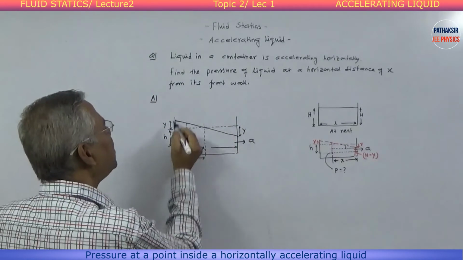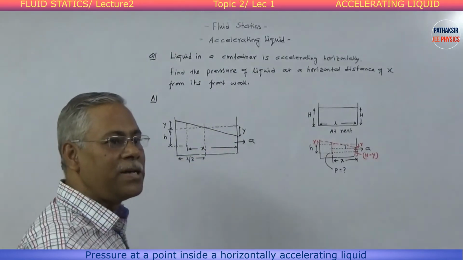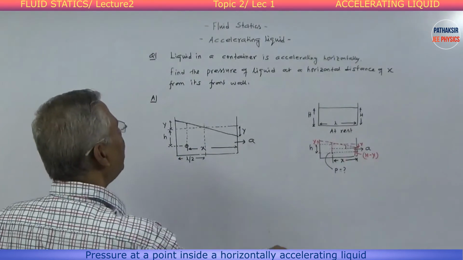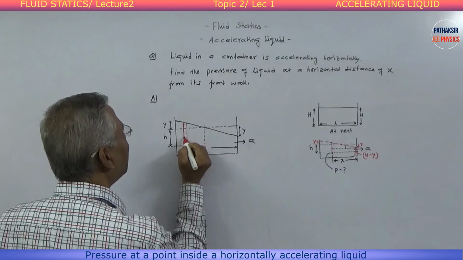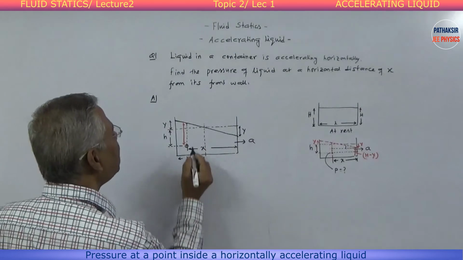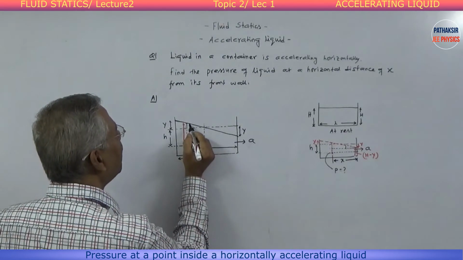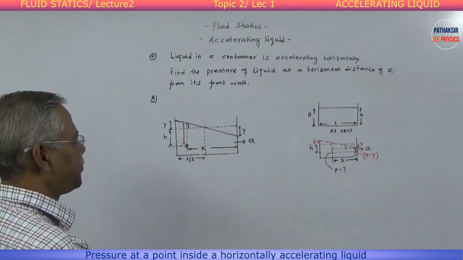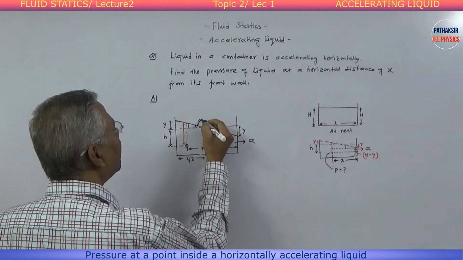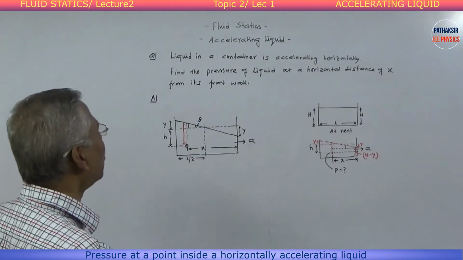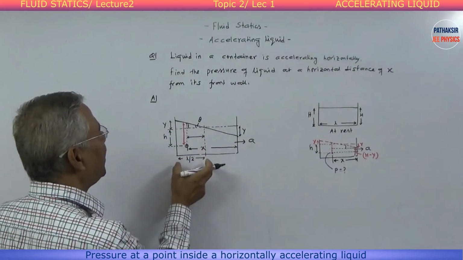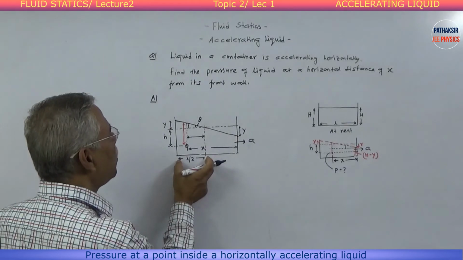So this is y, this length is L by 2. Okay, we'll have to find the pressure at this point. So we'll have to calculate this height. What is the height at this point? Height above this is h plus this much. This angle is theta, and this length is L by 2.